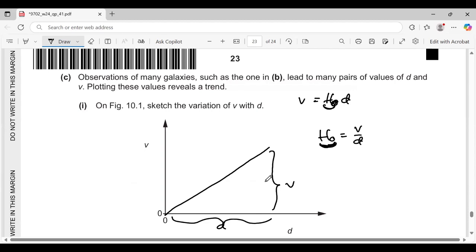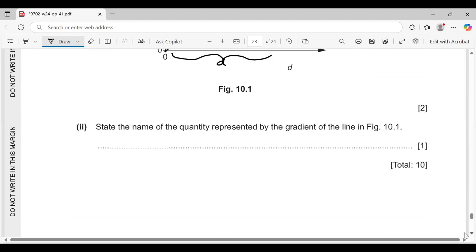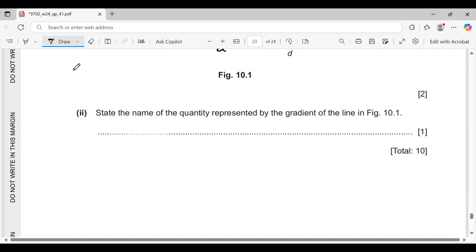So how do you get the gradient, or m? m is the Hubble constant, phi over d. Question: state the name of the quantity represented by the gradient. Hubble constant.